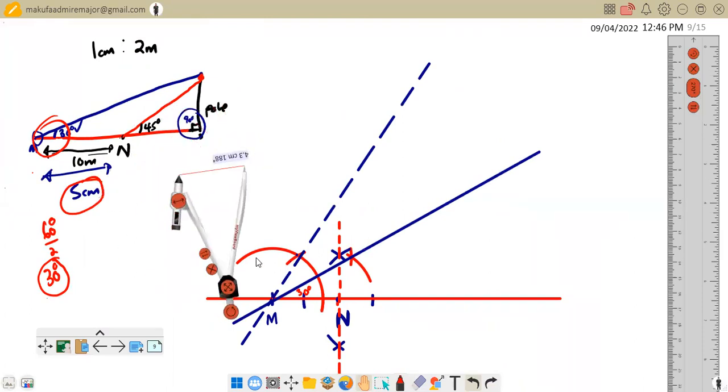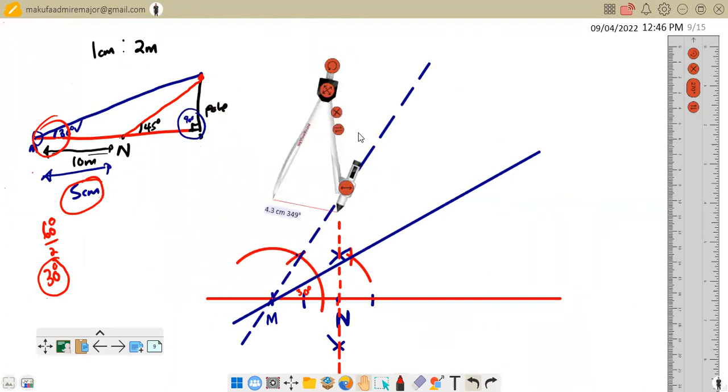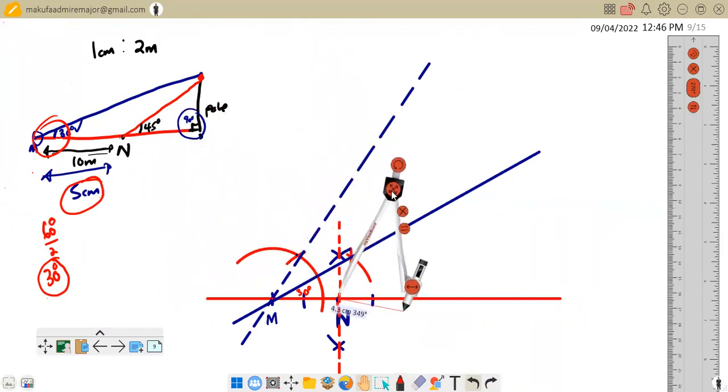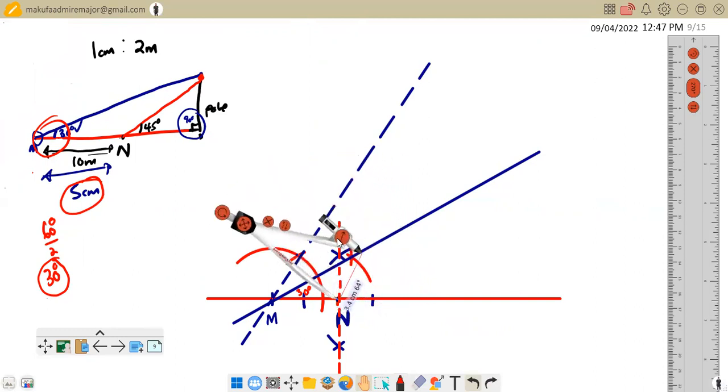I'm just going to take this part here and place it at this point. Since I want to bisect this angle, for you to bisect this angle, you just have to open a certain distance that you're going to use. In this case, target a point that is a little bit continuous, since it is a broken line. So you just mark an arc.